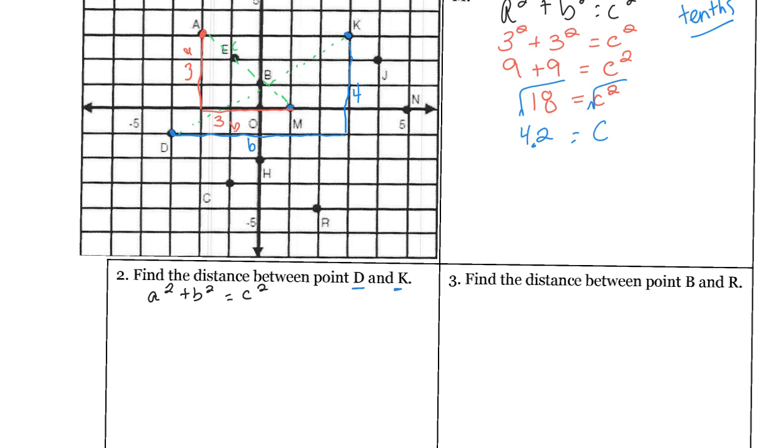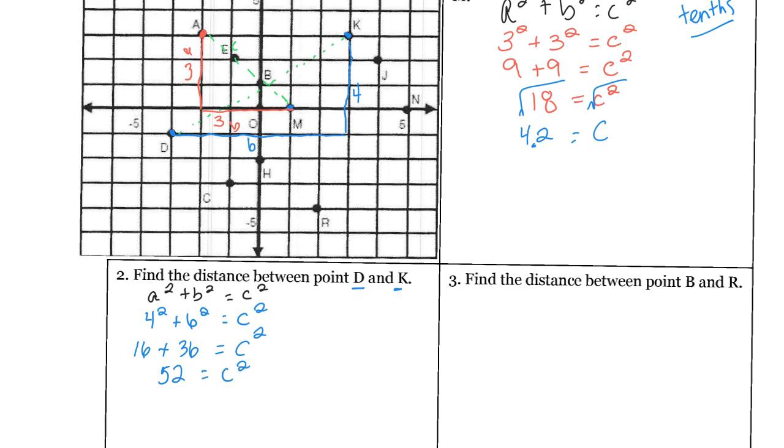We have 4 squared plus 6 squared equals C squared. 4 squared is 16. 6 squared is 36. And then we bring C squared down. So we have 16 plus 36, which is 52.